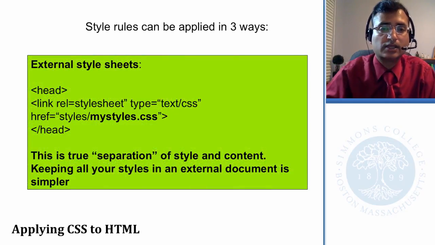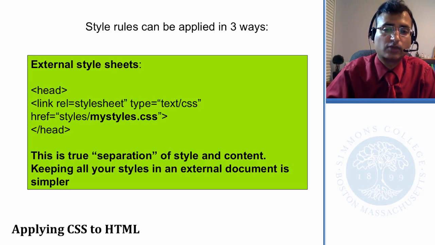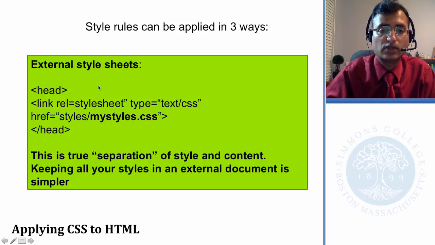And finally, it's external style sheets. Now, this external style sheet is one of the most elegant ways of using CSS, and this is what you are expected to use for your class projects. Here, within the head part, you have your link to a style sheet, and then you actually create a separate file called mystyles.css or any other name you want to give, and that's where you keep all your CSS code.